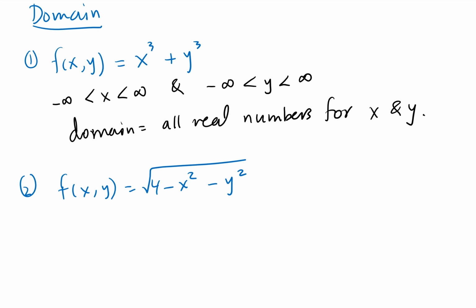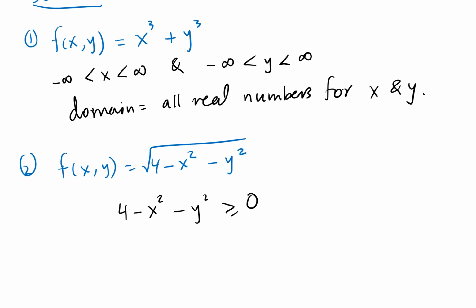But for the next example, we have to take the quantity under the radical and make sure that it is non-negative, because the square root doesn't take negative values. It can take 0 or more. Now, how do we solve this inequality? We can subtract 4 on both sides.